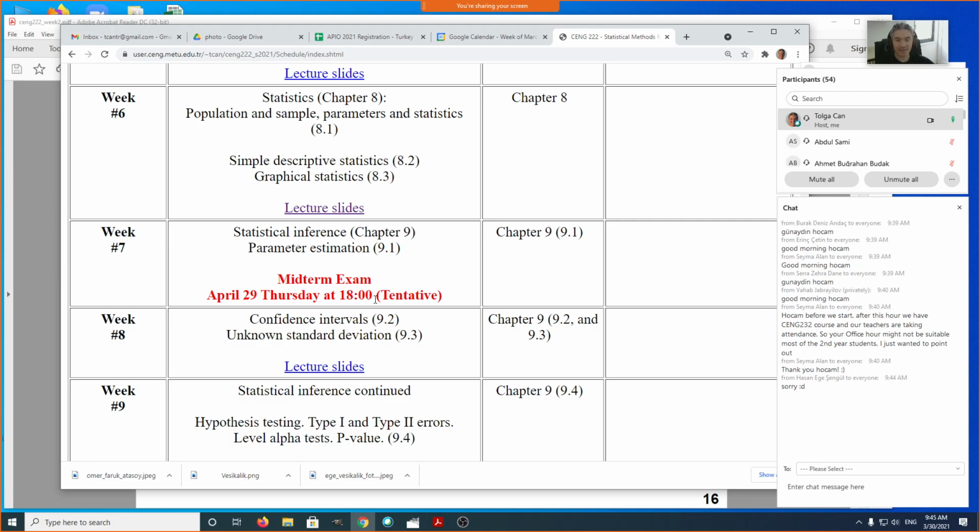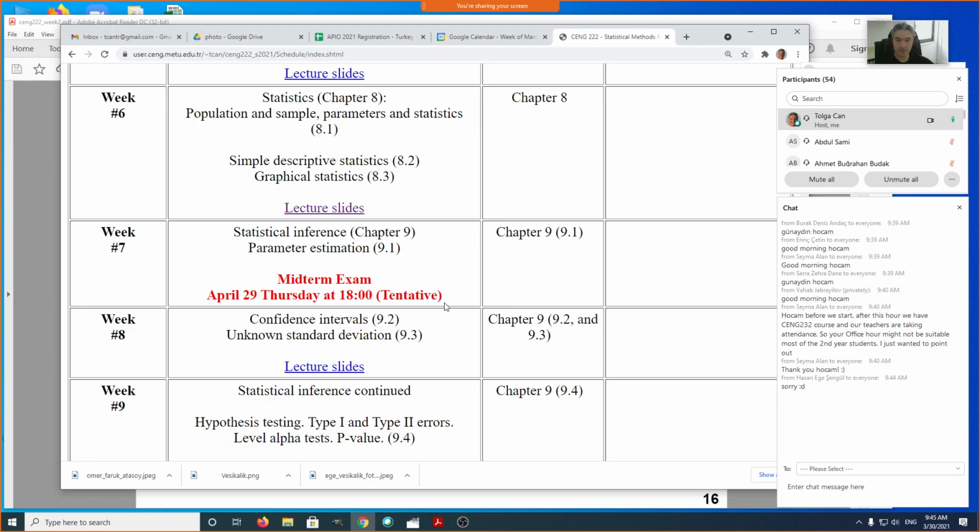As I said, the different courses submit their request to the department, and the department takes a look at them and decides which exam is going to be when. So this is what we have submitted, but it's not certain yet. I just wanted to give you a heads up on what to expect about the possible midterm exam date.